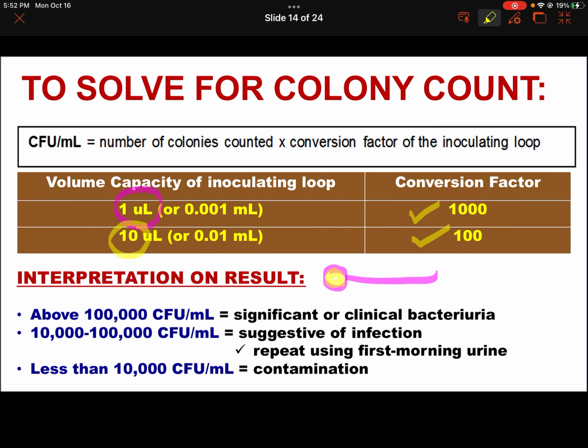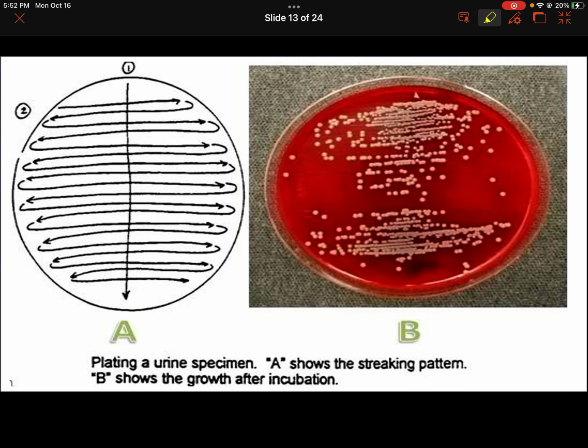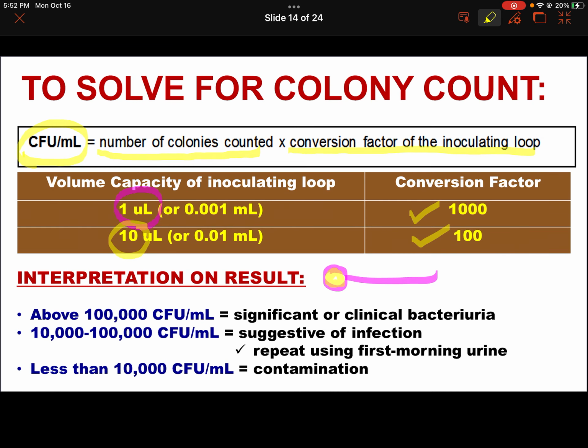And this is the formula. Colony forming units per mL is equal to the number of colonies counted times the conversion factor of the inoculating loop. So let's say, for example, you count the colonies here. After counting the colonies, you just multiply by the conversion factor, depending on the volume of the loop that you have used.